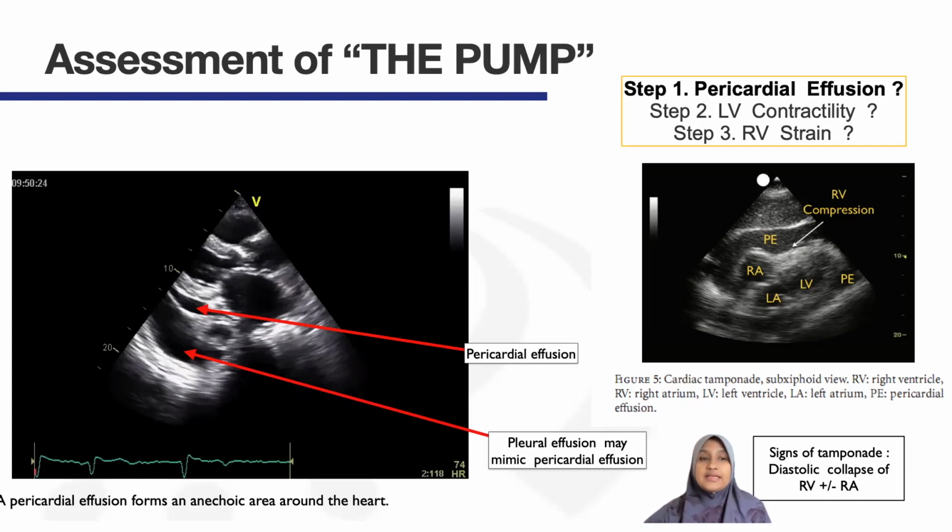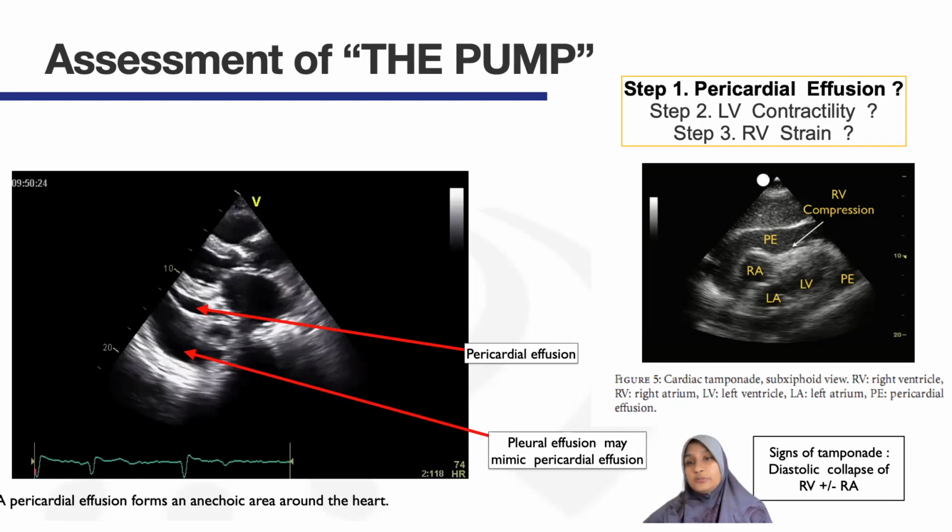This is the pericardium, and you can see there is evidence of pericardial effusion. Below the pericardium, or below the aorta, is another anechoic area. In this patient, it was a pleural effusion that may mimic pericardial effusion.